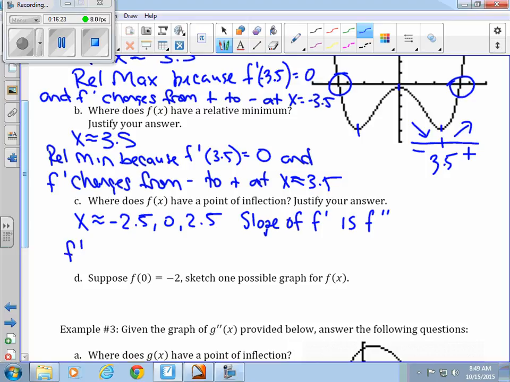F prime, or f double prime, depending on how you want to word it. F prime slope changes signs at negative 2.5, 0, and 2.5. Or you could say f double prime changes signs at negative 2.5, 0, and 2.5.